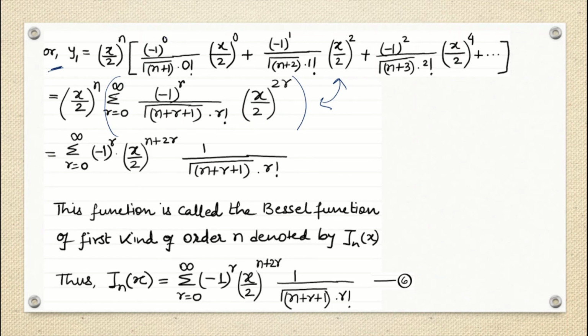Suppose this is the power r. r is 0, 1, 2, and then it will keep on moving. So power r is there, so minus 1 to the power r, and in the denominator also, this is 0, this is 1, this is 2, so we write r factorial. And then here, this is your n plus 1, and this is your n plus 2.